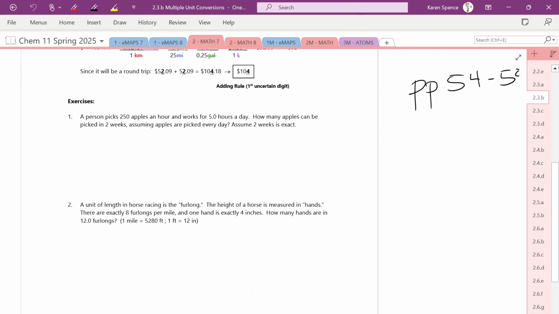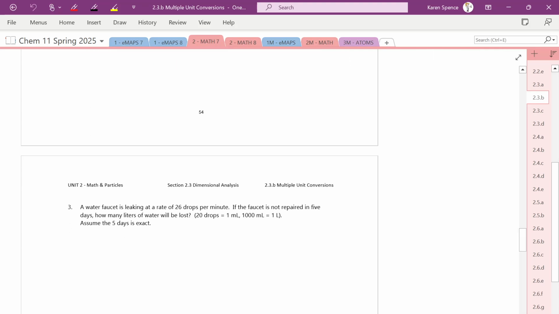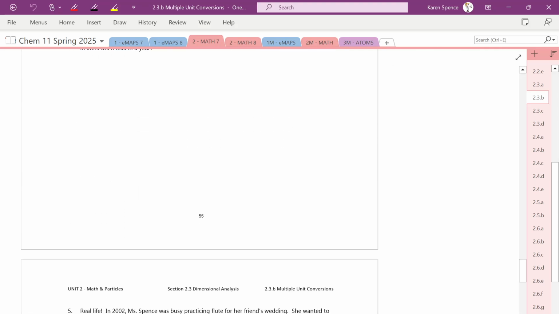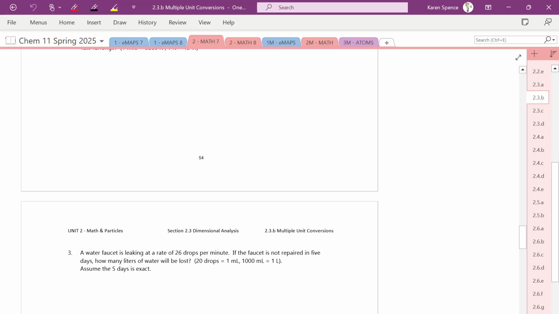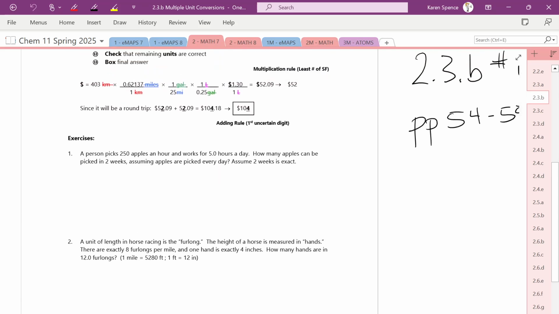How did these first 3 questions on pages 54 and 55 go? Was there any of those that anyone wanted to go over? And if you haven't done any of them, you might say, I would like to go over question 1.